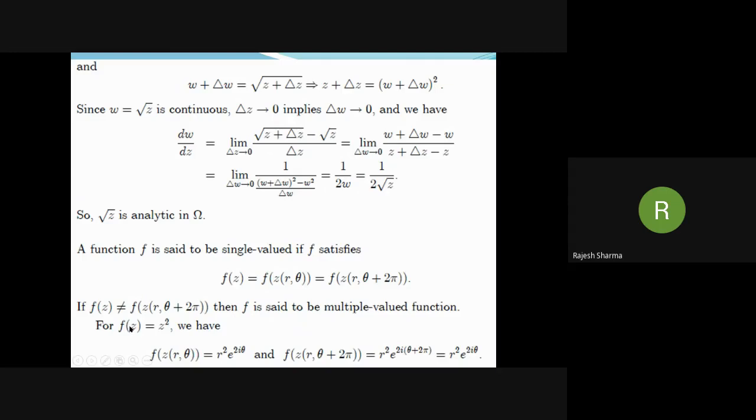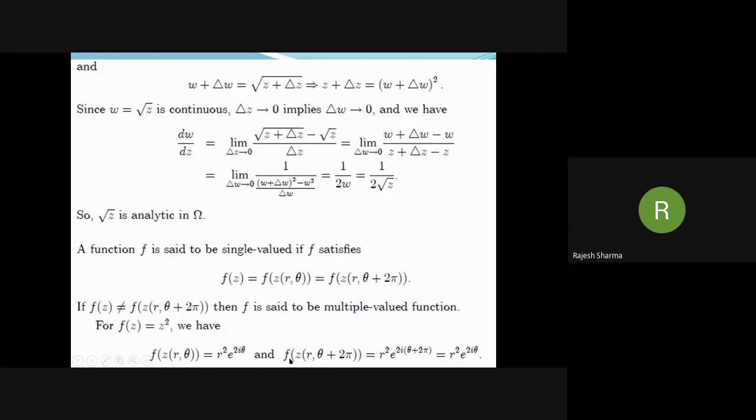For example, we know this function is single valued, f(z) = z². Also from this definition, when we write z = r e^{iθ}, then z² is r² e^{2iθ}.